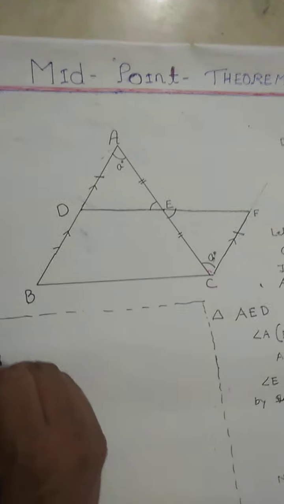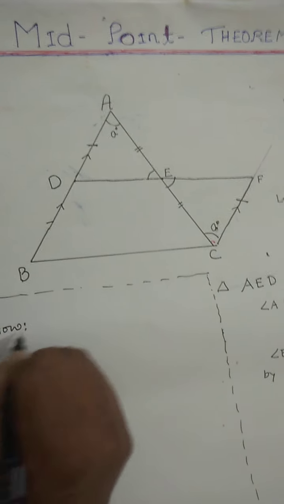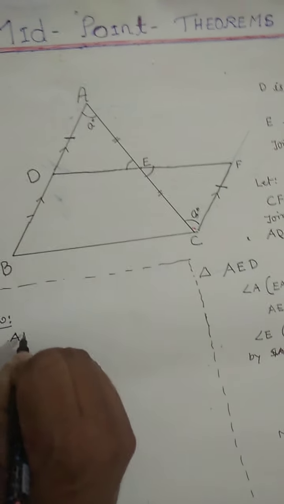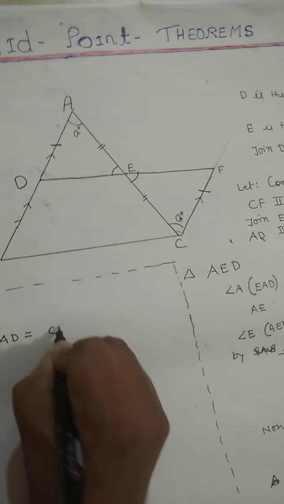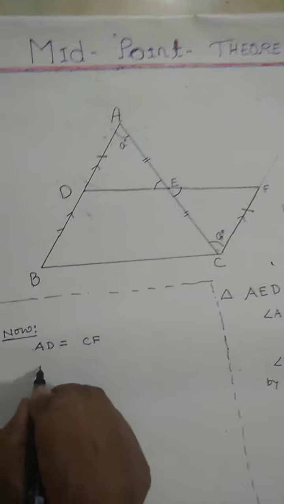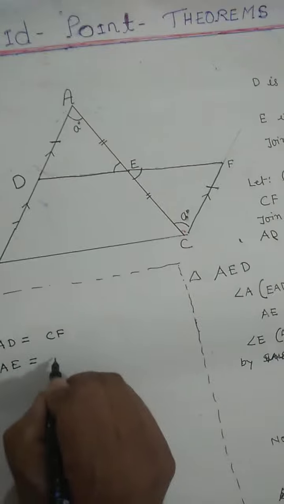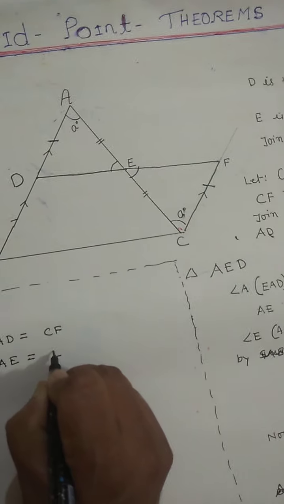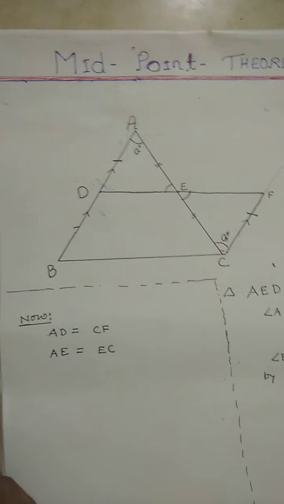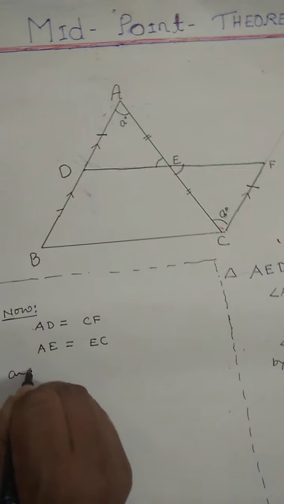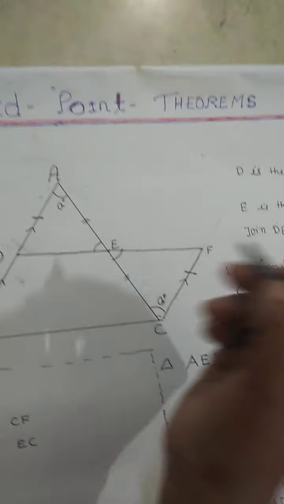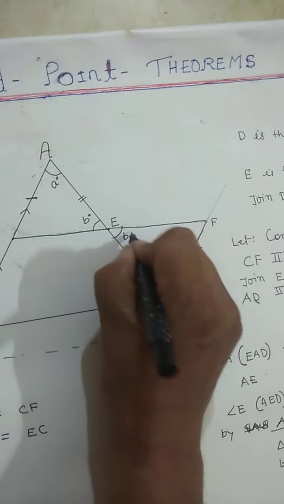Now check this one. AD is equal to CF. AE is equal to EC. And suppose this is B degree and this is also B degree.